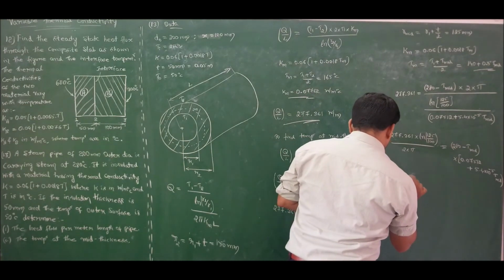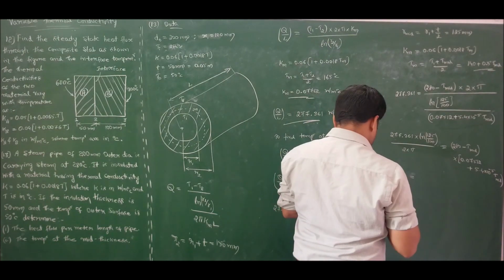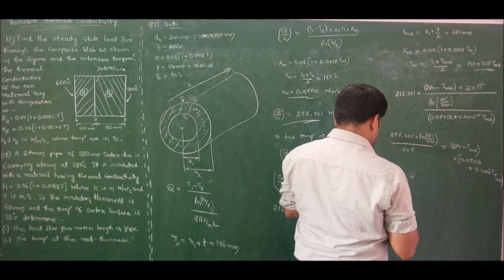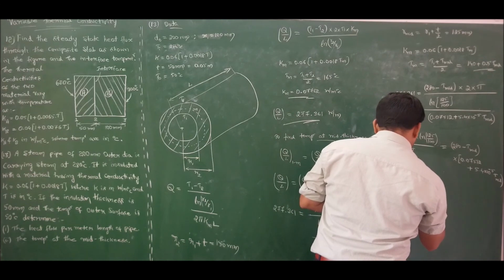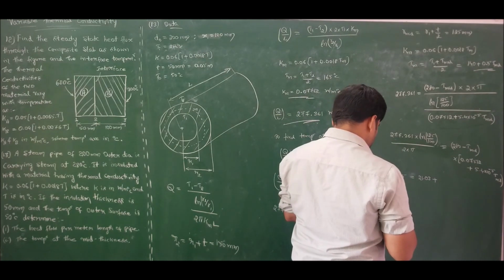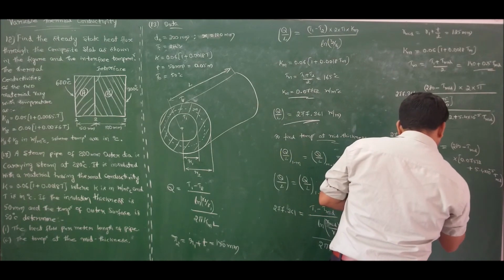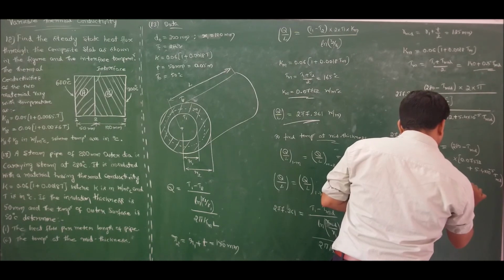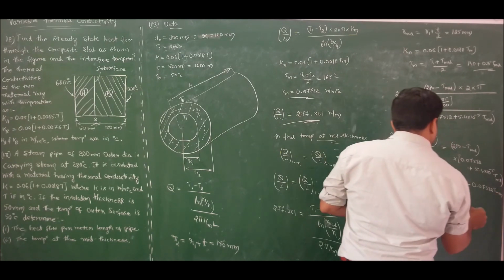So 9.85 is equal to 280 into 0.07512, which is 21.03, plus 280 into 5.4 into 10 to the power of minus 5, which is 0.015 T mid, minus 0.07512 T mid.